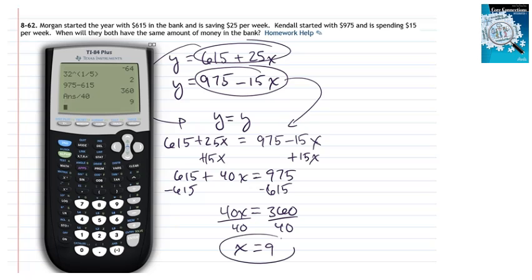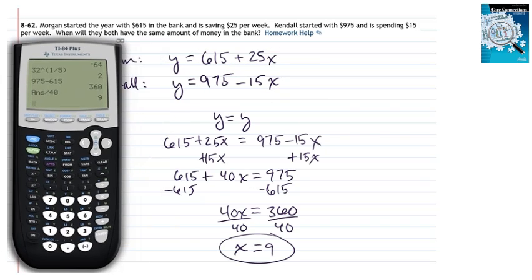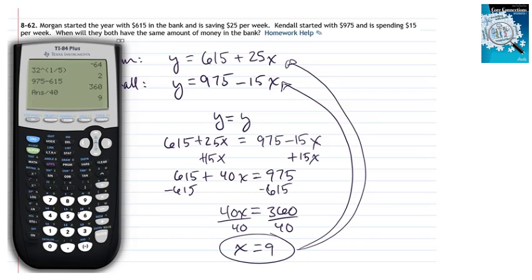So in 9 weeks, they should have the same amount of money. By the way, that means that if I take the number 9 and plug it into these equations up here, I should get the same thing. I can actually say how much money they had. So let's do this. 615 plus 25 times 9 gives me $840.